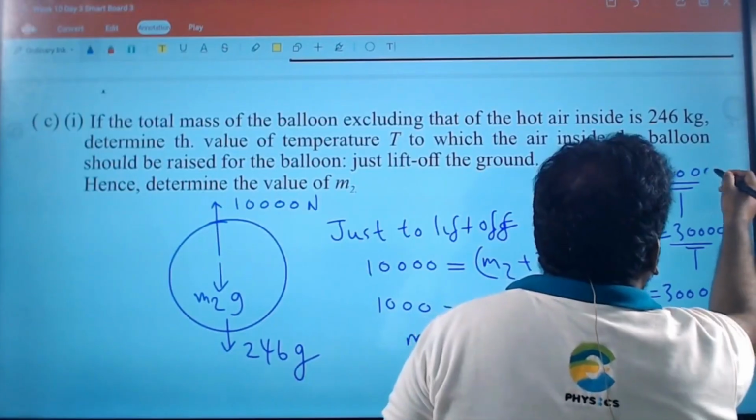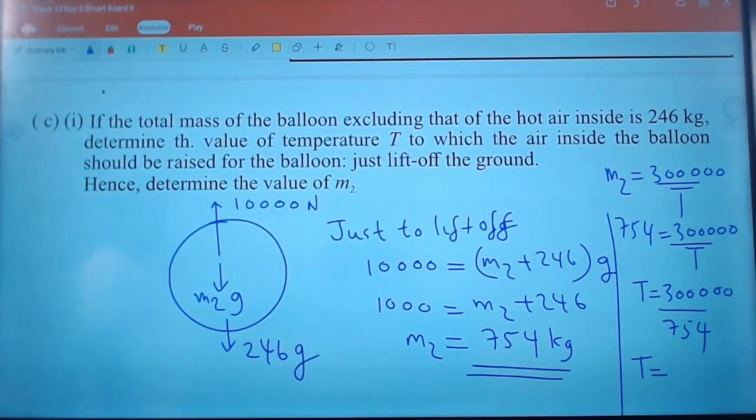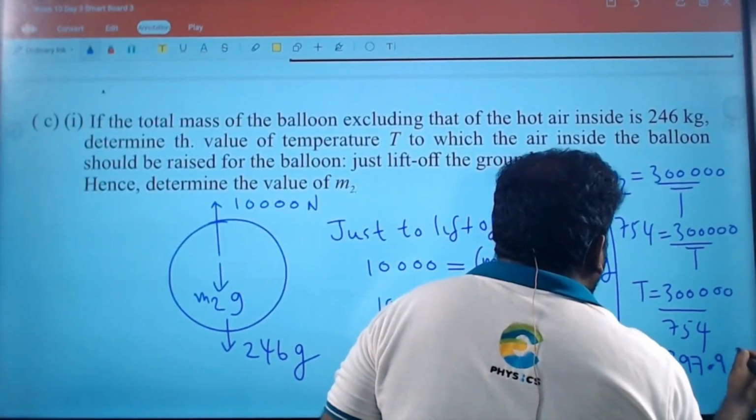Now divide and see. This divided by 754 will get you a particular answer. Let's see how much. Here 300,000 divided by 754 is 397.9. 397.9 Kelvin.